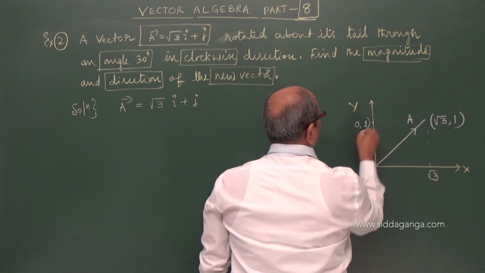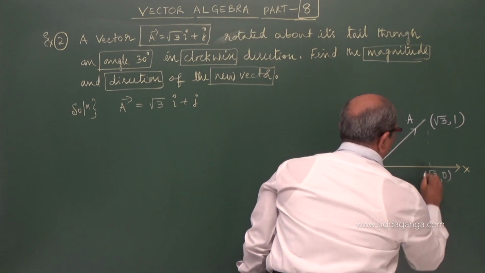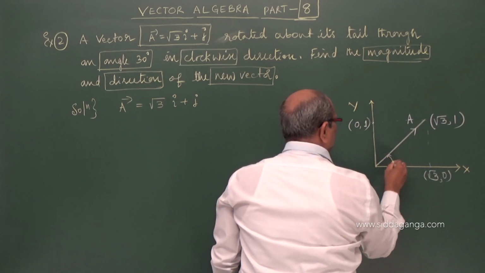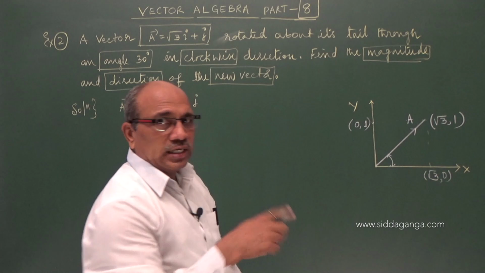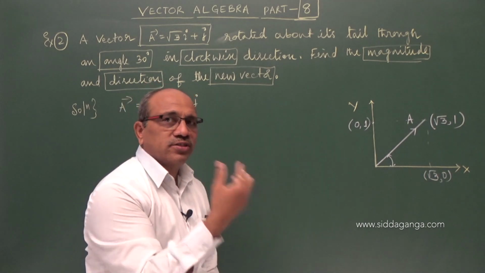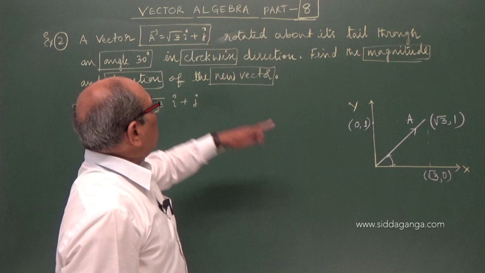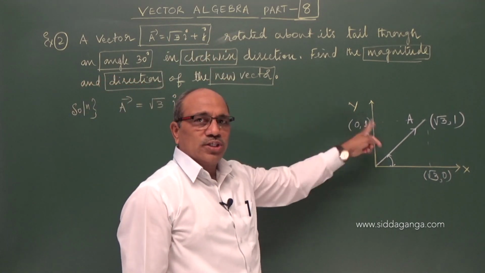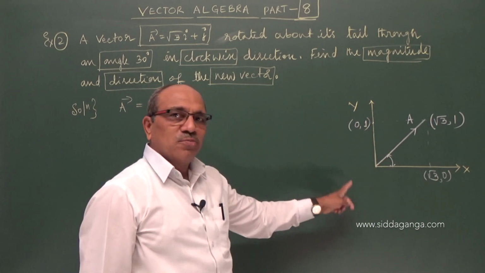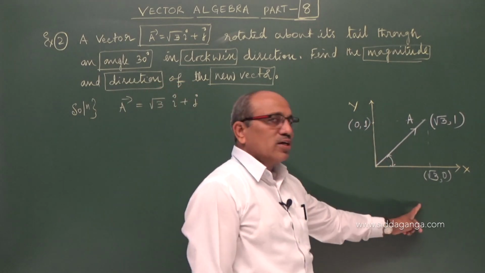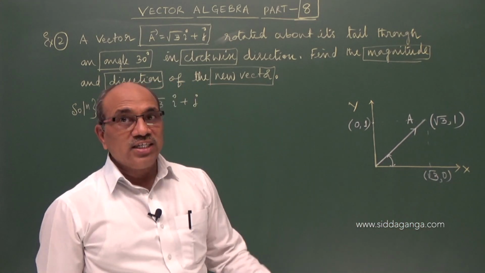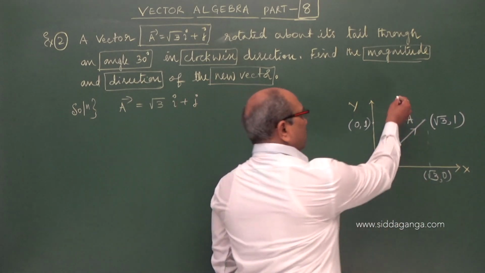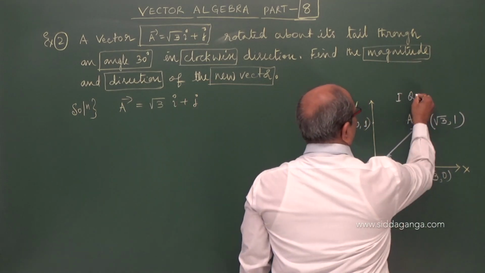This represents the vector. First you find the vector's position, because I told you in the discussion how to fix a vector in any quadrant. First quadrant, because i and j both are positive. In the second quadrant i is negative, j is positive. In the third quadrant both are negative. In the fourth quadrant i is positive, j is negative. Both positive means the vector is in the first quadrant.